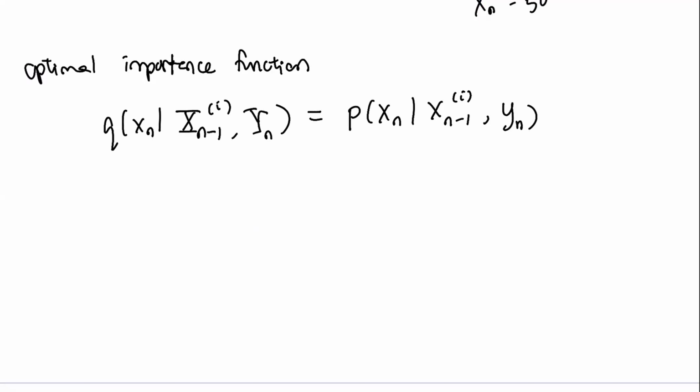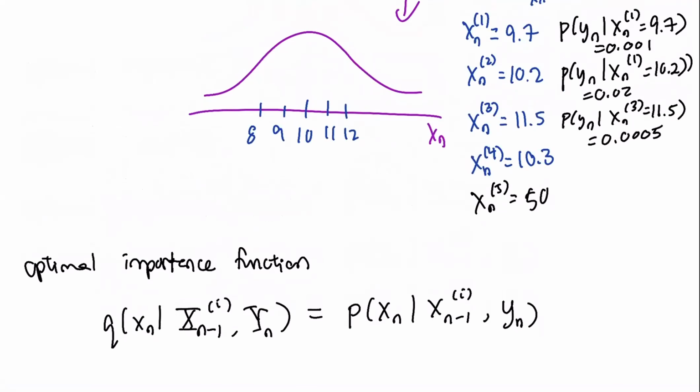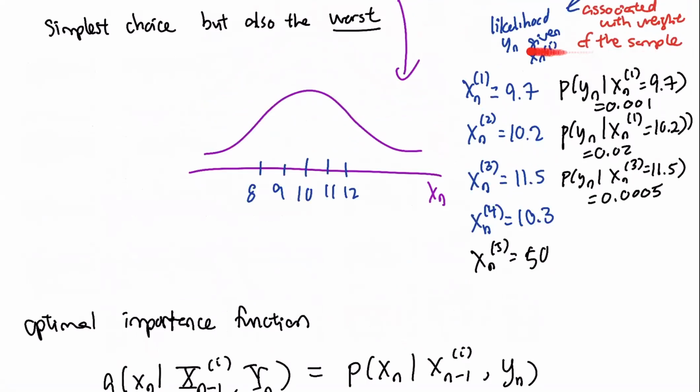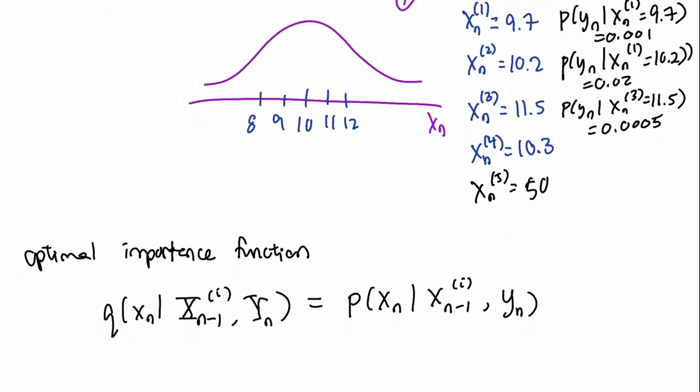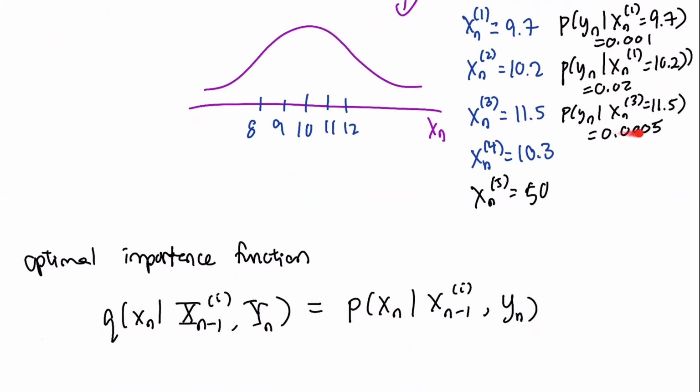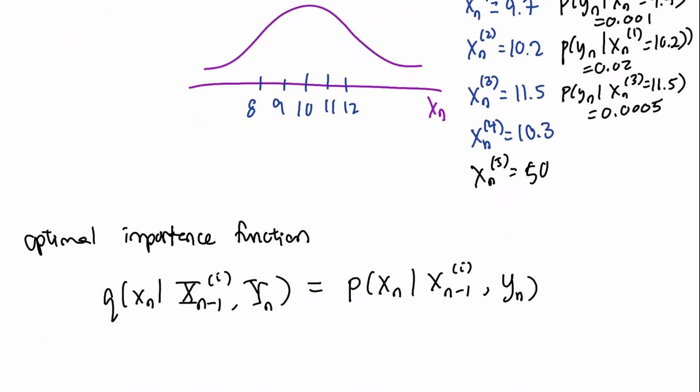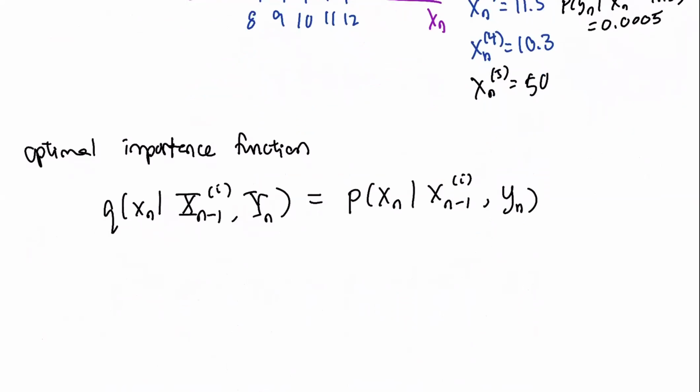In which case, this will guarantee that I don't have this problem, because an xn which is highly likely given a particular measurement is also going to give me a high probability of the measurement given the state at time n. So that's why this is the optimal.